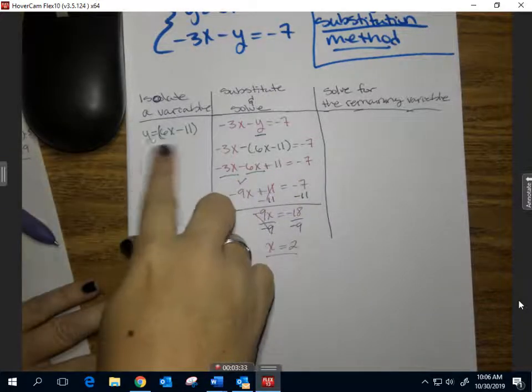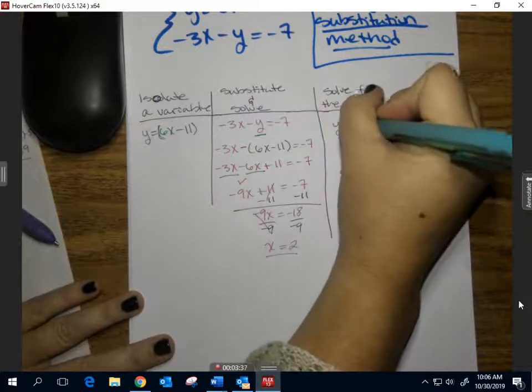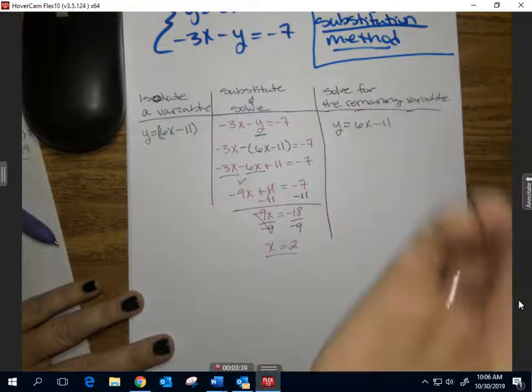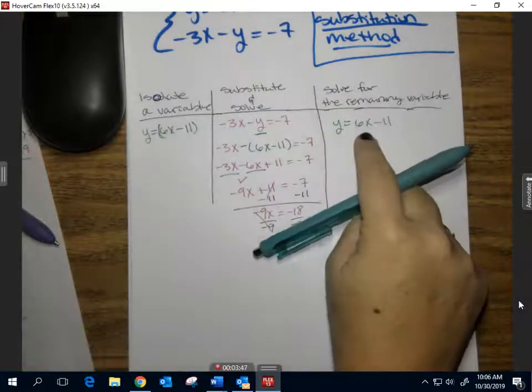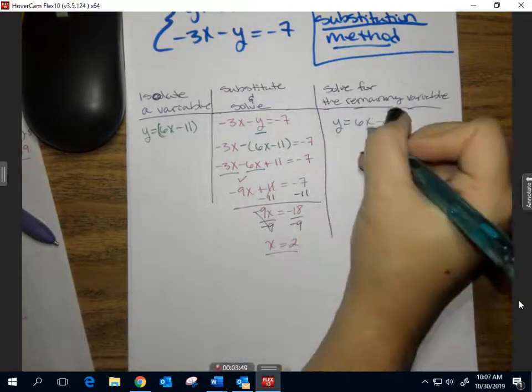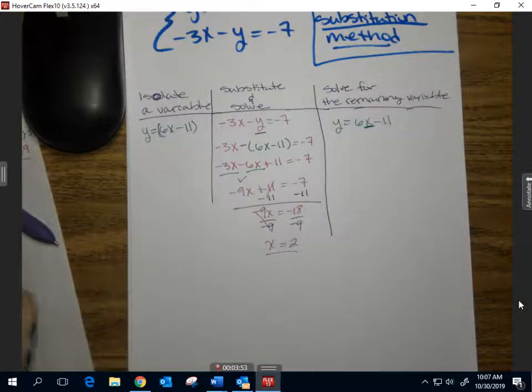And the equation that I'm going to want to use is this y equals 6x minus 11, because this is going to be the easiest equation for me to figure out what y is. I'm going to substitute 2 for x.